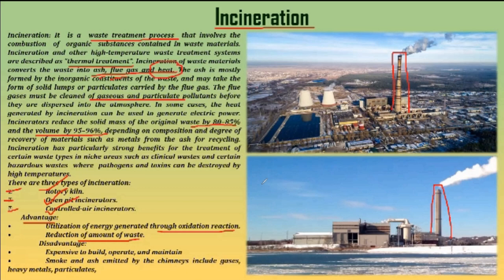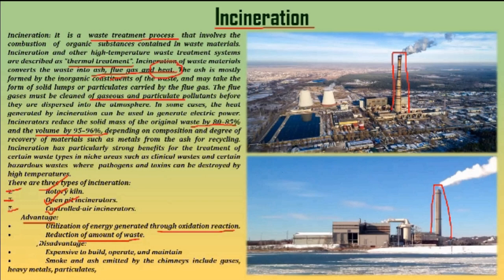Now, several countries are there. Scotland is there. They are actually buying solid waste from all over the world, right? Because they use 90% of this waste, burning of waste, for their energy generation process, right? So this was one of the main results of incineration. The main advantage of incineration is that energy formation can be done using incinerators, right?